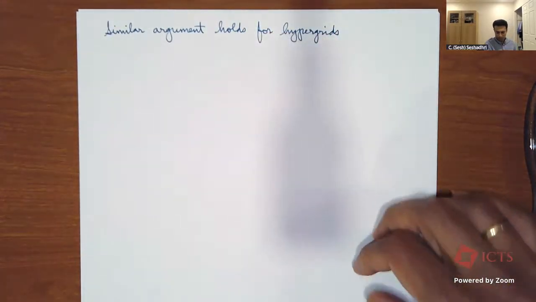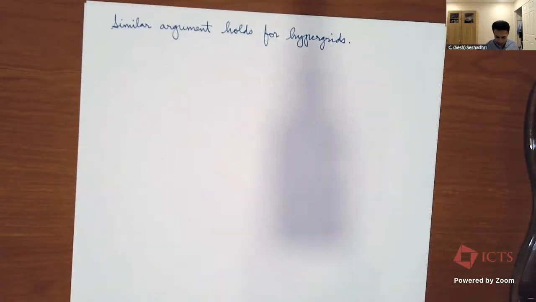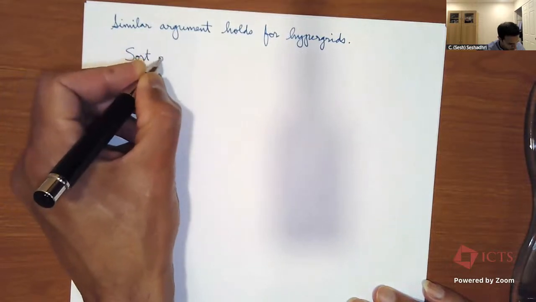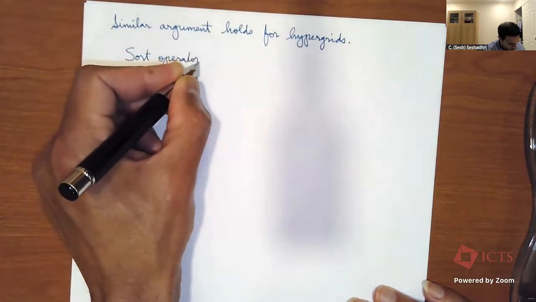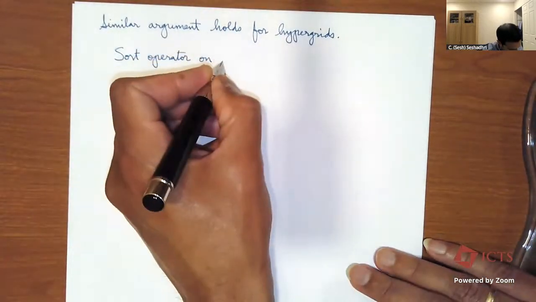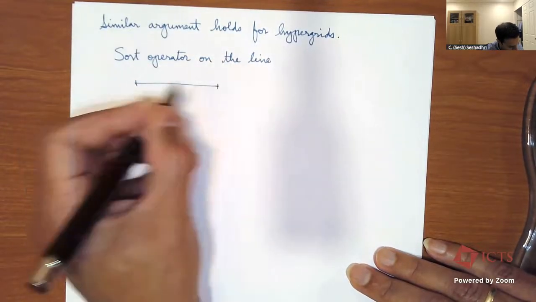It ends up being a little bit more technical, but essentially what you get is a sort operator on the line, which is what you might think is the obvious.